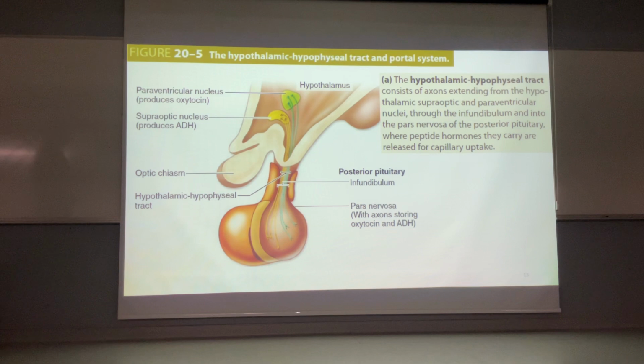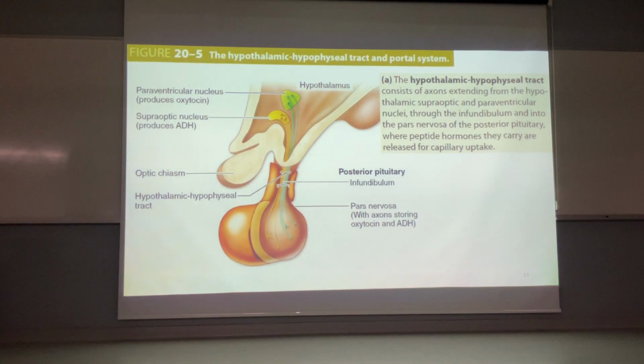Okay? You should know the pars nervosa and neurohypophysis don't have any function related to production of hormones. This area is only the place of transfer of hormones which are produced in the hypothalamic nuclei and transferred to this part.